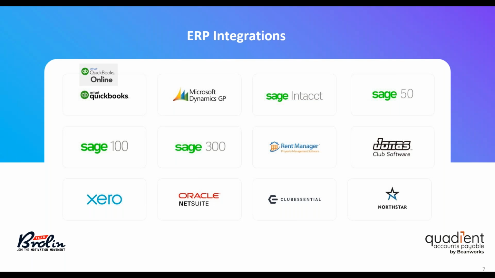Obviously, all the cloud versions like Intacct, NetSuite, QBO, but also some of the more on-prem solutions like Sage 50, Dynamics GP. Sometimes it's hard to find a solution that'll work with those just because they are on-prem. And not pictured here is any custom ERP or any ERP that's not listed; we can do custom integrations now.